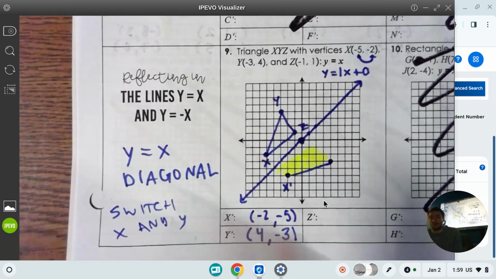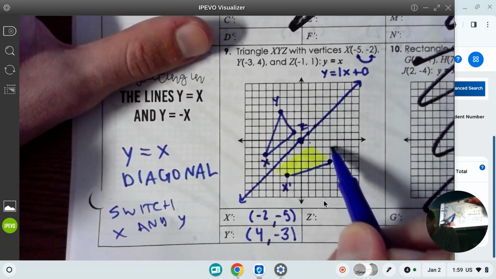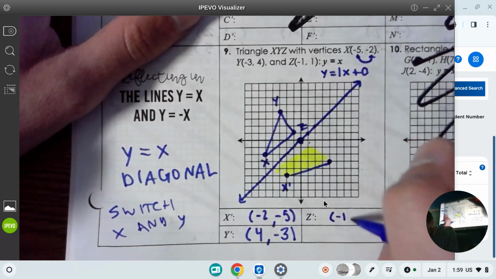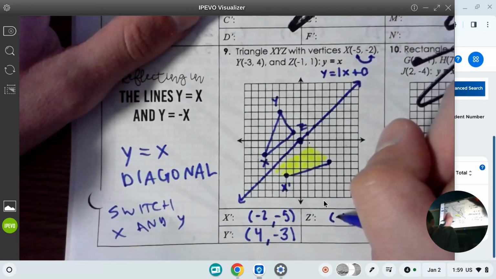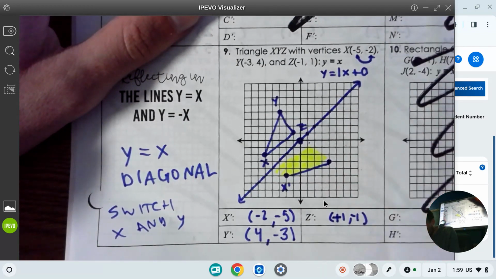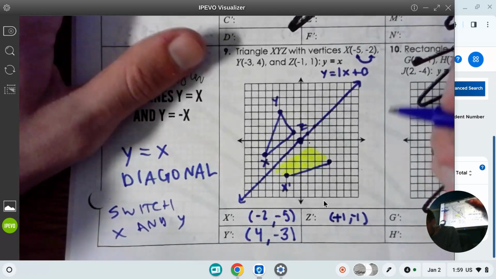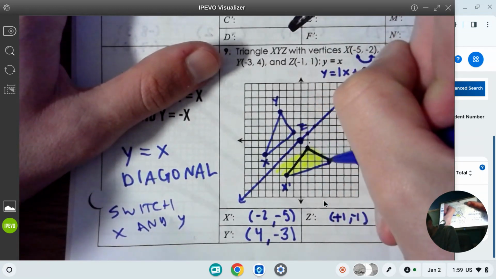That means we had to go over 4, 1, 2, 3, 4, and down 3, 1, 2, 3. The last one is z, which is -1, 1. Oh, messed that up. So switch it and make it 1, -1. Switch the order of them around, so the positive one comes first and the negative one comes second.